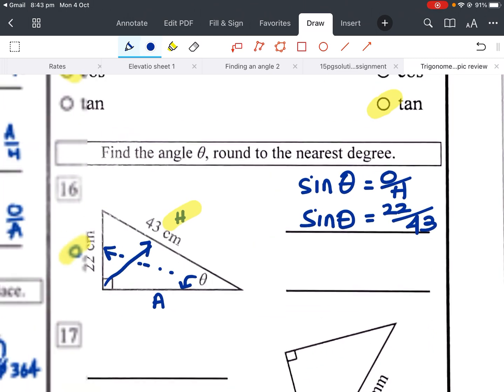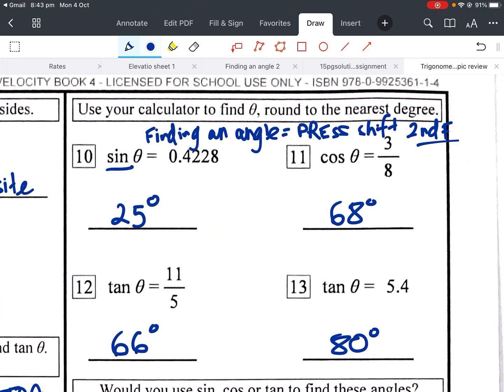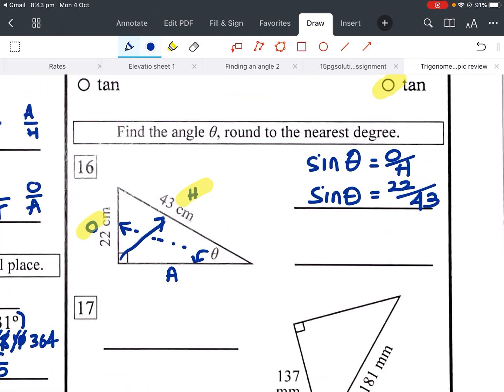Now your next step is to do exactly what you did up here. So we're going to do shift or second function, sine, and then 22 over 43. So we're going to get our calculator to do the work. So shift or second function, sine, 22, fraction key or divided by, it's up to you, 43.